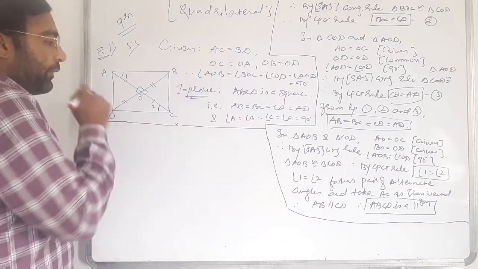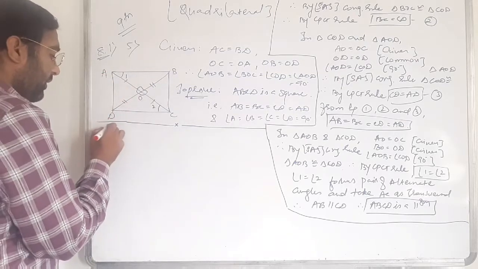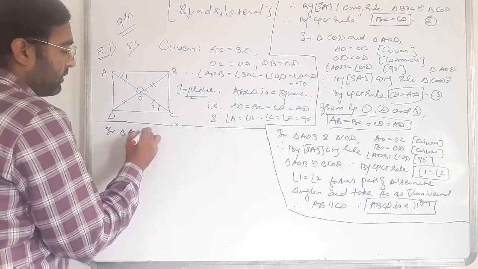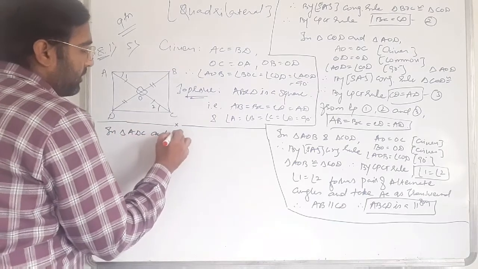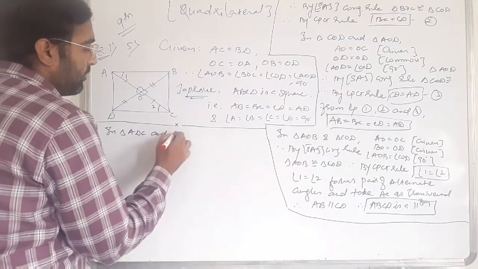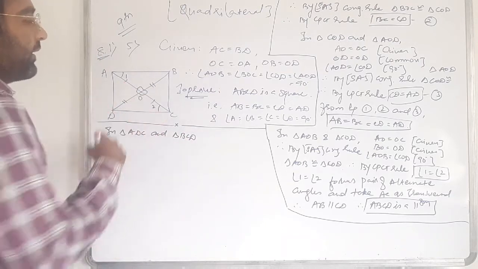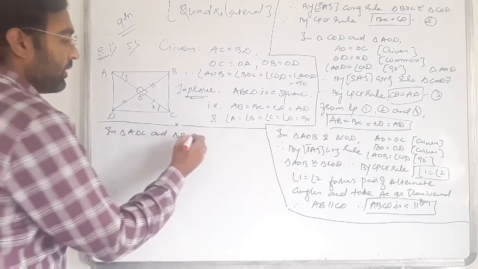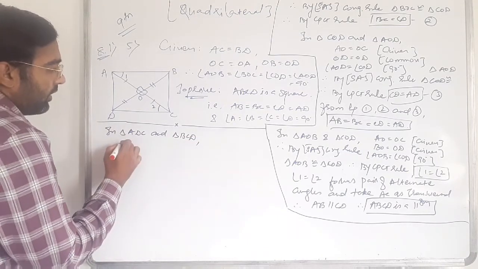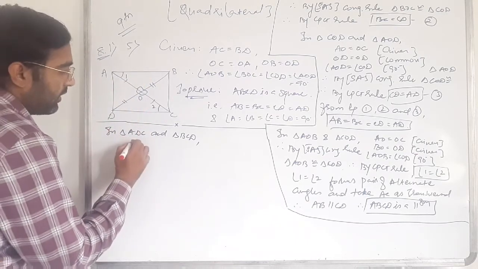For that I have to take these two triangles, ADC and BCD. So in triangle ADC and in triangle BCD, we are taking that the diagonals are given equal.